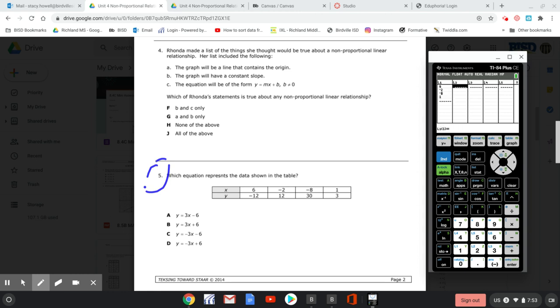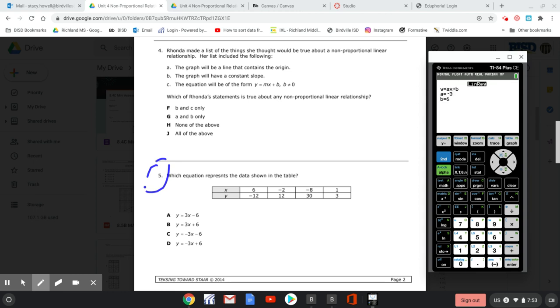I'm going to hit tab and go to the next column, and I'm going to hit negative 12, enter, 12, enter, 30, and 3. Okay, I'm going to hit stat, tab, number 4, enter, enter, enter, all the way down.